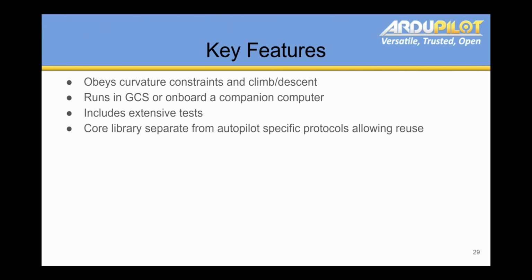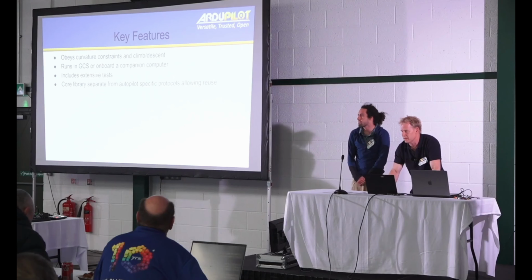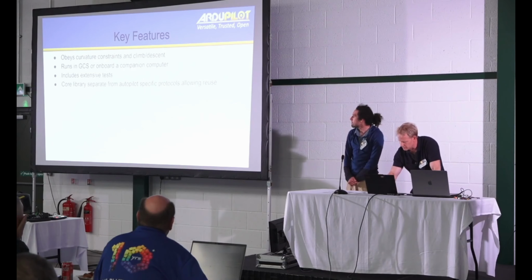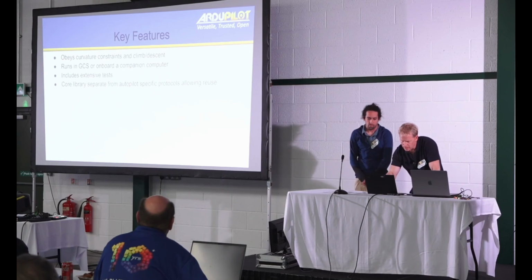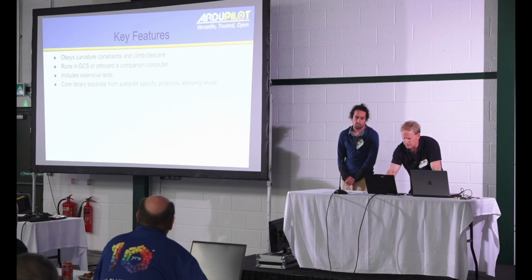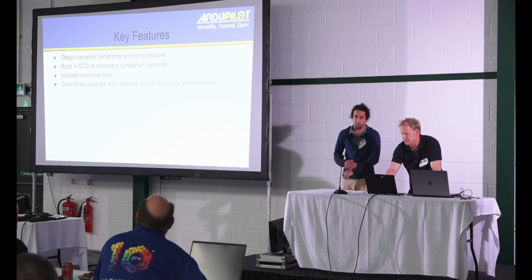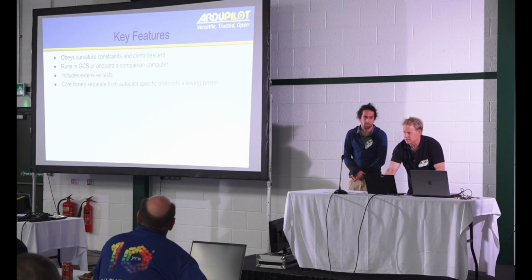So it's much easier to share and get this thing running on a variety of machines. As mentioned earlier, the planner obeys curvature constraints, so you can set a loiter radius effectively, or a turn radius for the aircraft, and climb rates.